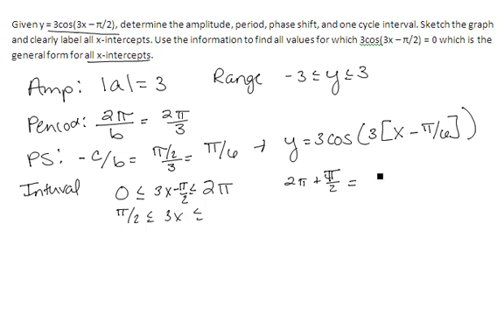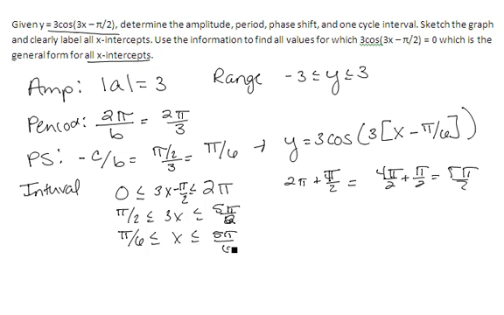Well, 2 pi with a common denominator of 2 is 4 pi over 2 plus pi over 2 gives us 5 pi over 2. Dividing everything by 3 or multiplying everything by 1/3, we would get that interval of pi over 6 to 5 pi over 6. We can now see that we are indeed going 2 pi over 3 units.